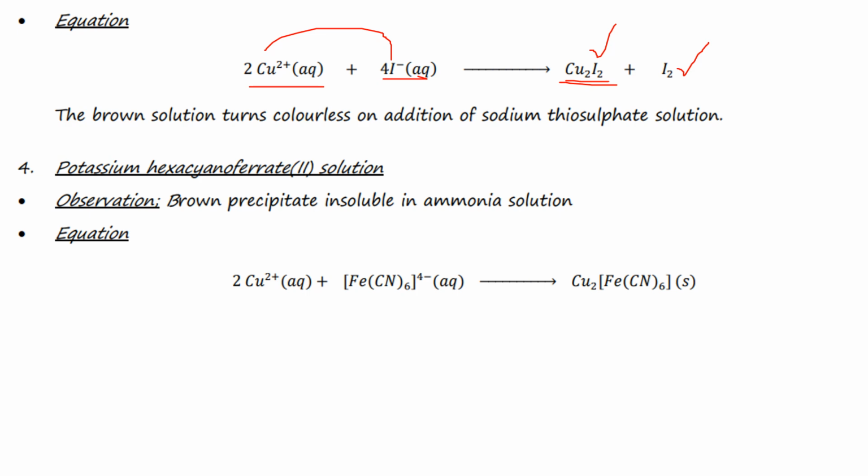We are going to say that the brown solution turns colorless on addition of sodium thiosulfate, and the reason is that sodium thiosulfate reacts with these iodine molecules, forming a complex, and the iodine is reduced to iodide ions. So in some textbooks, if you add sodium thiosulfate, you need to understand that your brown solution is going to turn colorless, and you'll be remaining with only the white precipitate of copper 1 iodide.